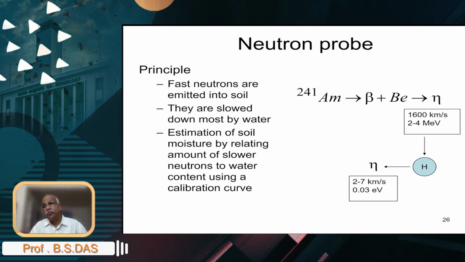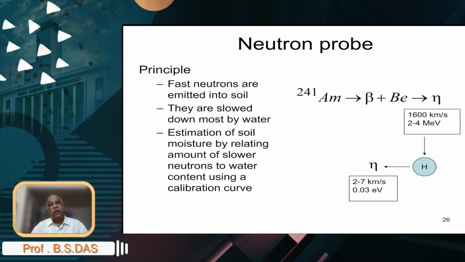So the neutron probe is an indirect method. The principle used here is the thermalization of fast neutrons by the hydrogen atoms present in the water molecule. Typically, about 10 to 50 millicurie of americium 241 is used with a mixture of beryllium in a radioactive device.